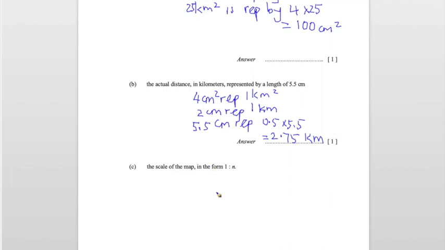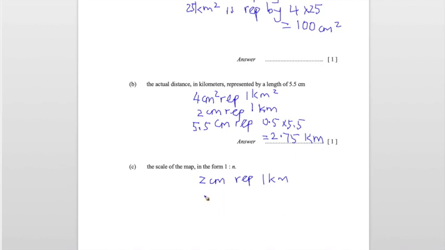Alright, the last part we need to write the scale in the form of a ratio. Now a ratio has no units, so in order to have no units, we must first make them have the same units. So we have the scale here, which is 2 cm represent 1 km. And we need to make it the same units.